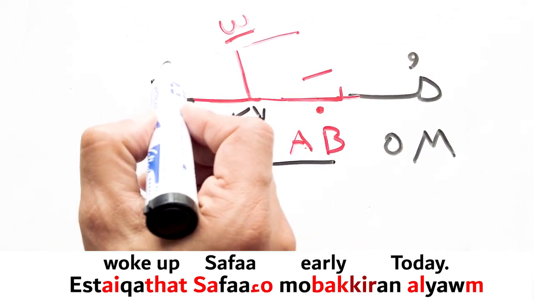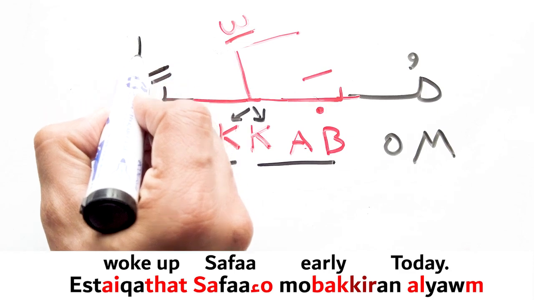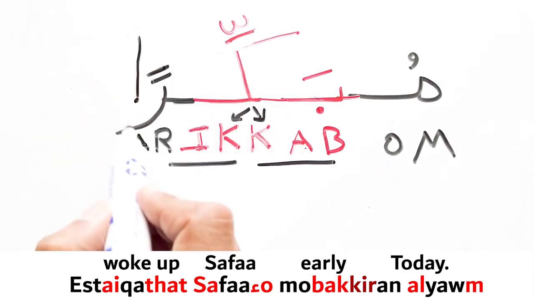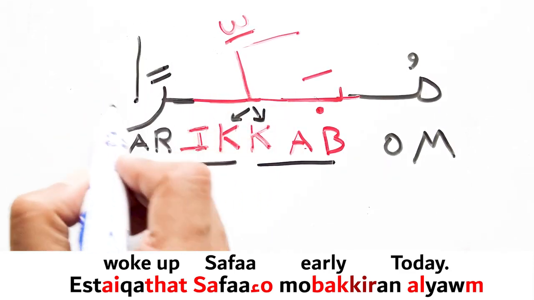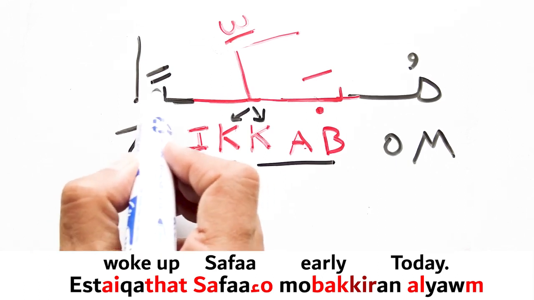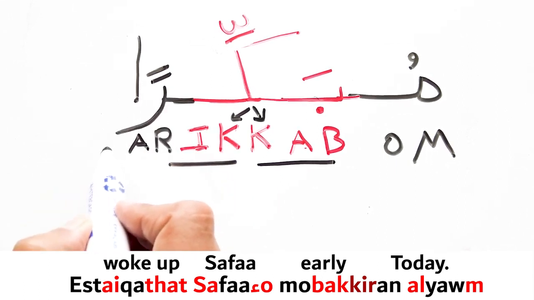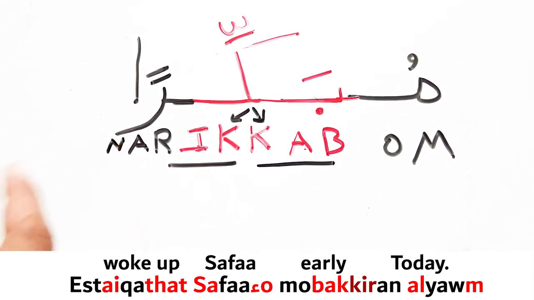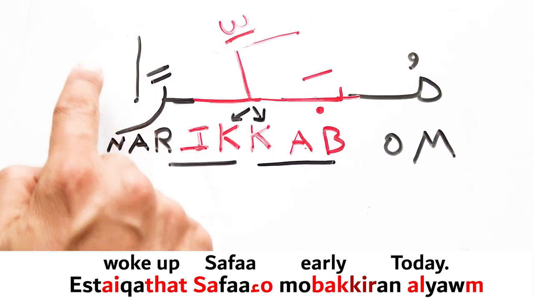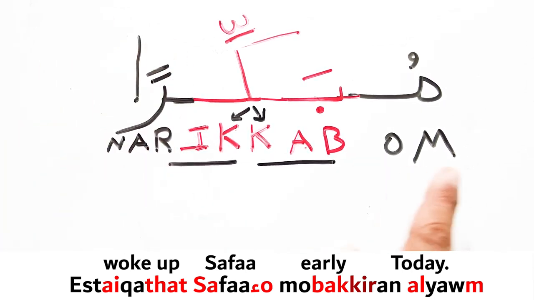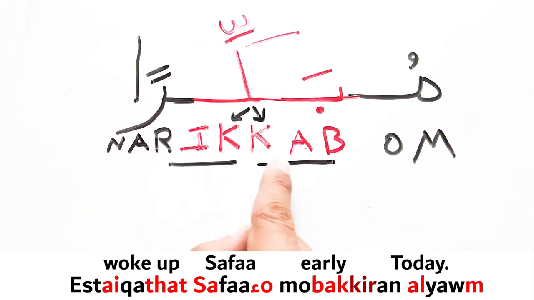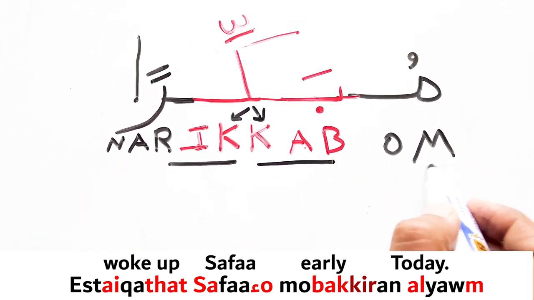If I add another one and I add alif, now the pronunciation of this ra must have N at the end, which is the sound of noon. So this part now it is ran. Mubakkiran. I have a syllable.